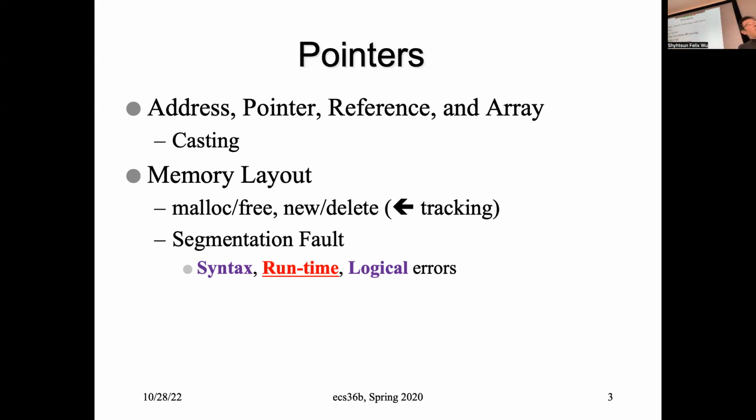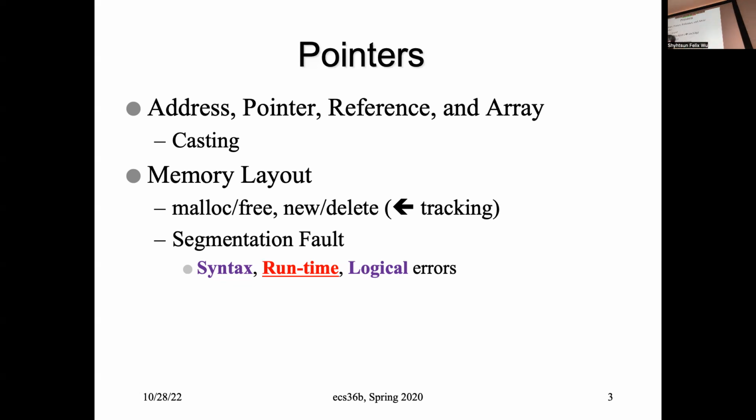So I want to make sure you're aware that the C programming language needs this: you need to know a little bit about memory layout, because it's vulnerable to the environment. Today I also mentioned in the recording that I differentiate three kinds of error: syntax error, runtime error, and logical error.